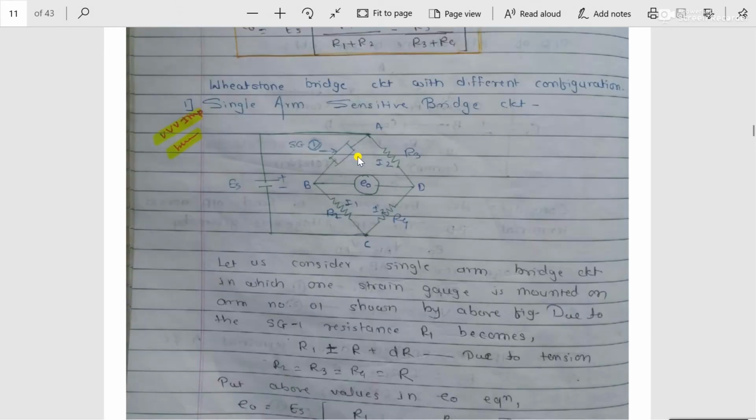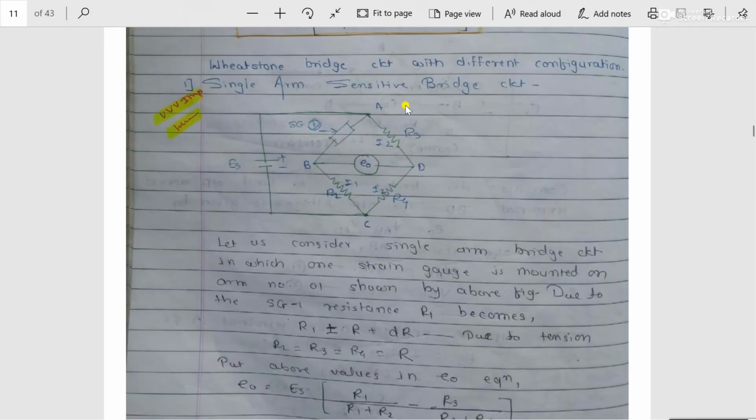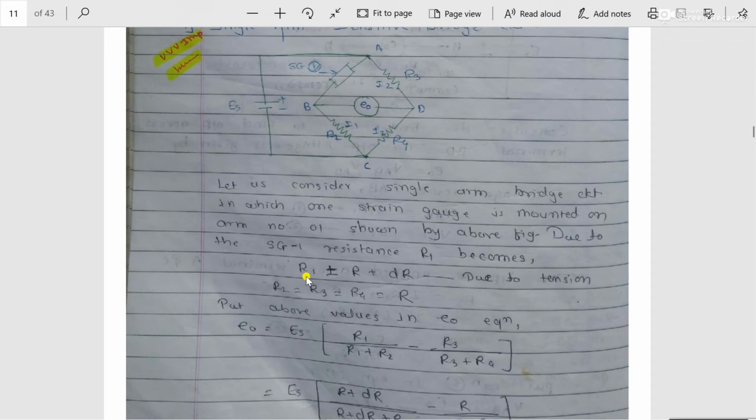So we have discussed why it is called a single arm sensitive bridge circuit, and by using this circuit, how the values of R1, R2, R3 and R4 are calculated.